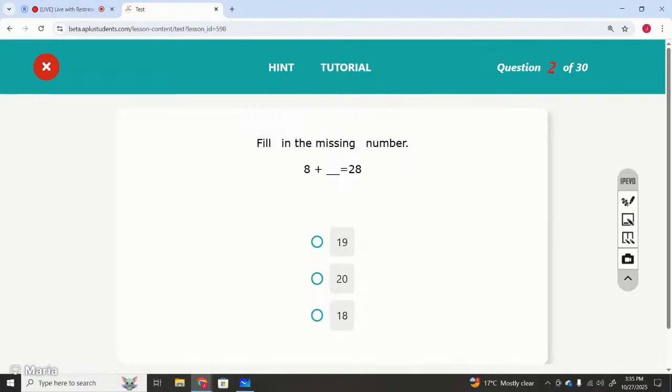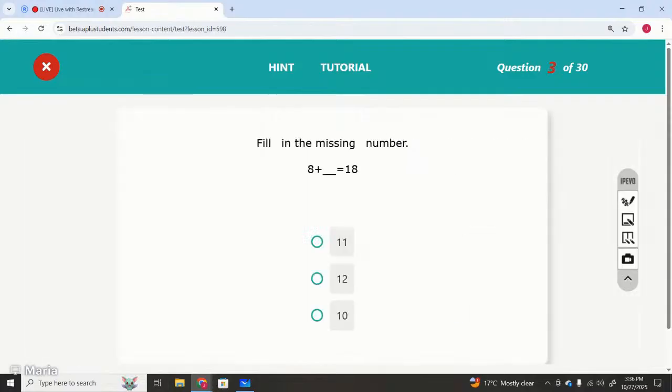Fill in the missing number. 8 plus what number equals 20? That is 8 plus 20 makes 28.